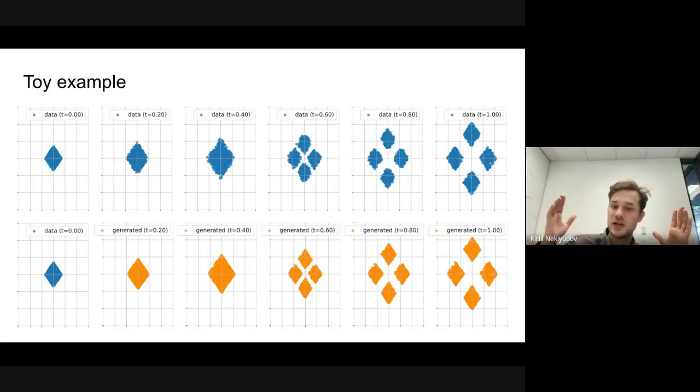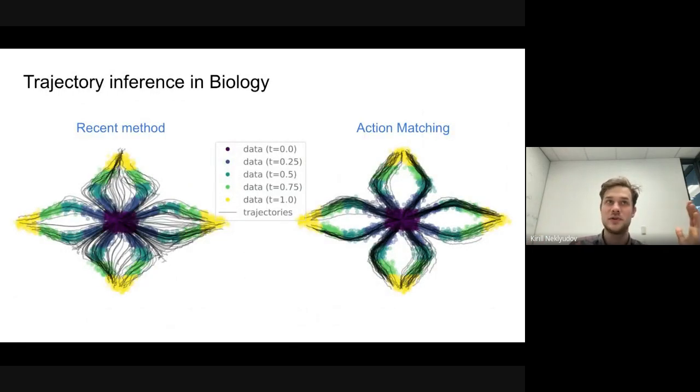But if you just have independent samples, you can move the samples between the snapshots, and they might be different, right? But the marginal would be correct, because the ground truth samples come from different trajectories. You don't have the same trajectories here, right? And that's actually the case in biology, for example.